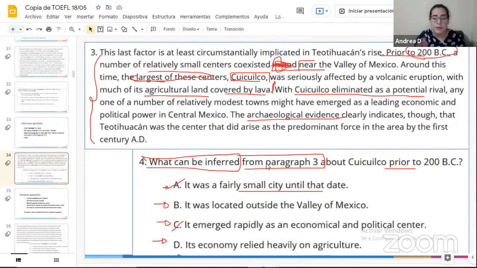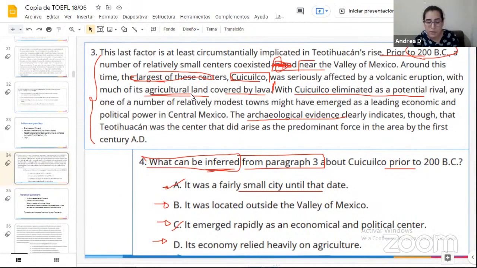So those are some tips that I could give you. First, it's never gonna be that obvious. It's not gonna be so explicit there. Second, you have to have some evidence. Even though it's an inference question, you need evidence. You cannot just select one randomly. In this case, we have evidence here. Third, think like you have a sequence of events, and the event that's missing, that's gonna be your answer. And fourth, what was the fourth one? Try to summarize the paragraph and think about the main thing.